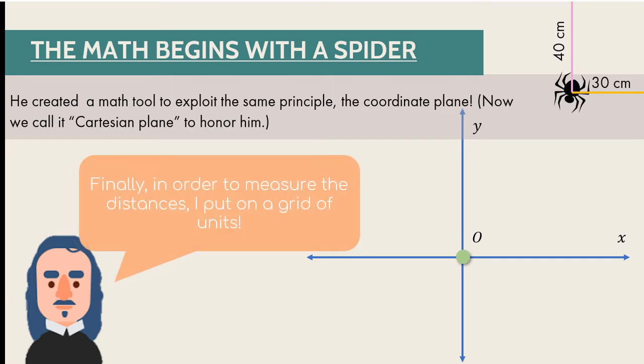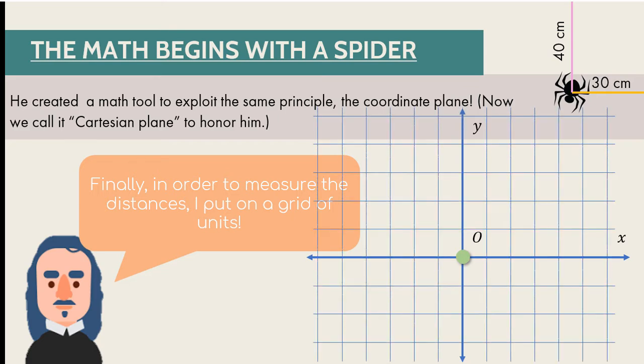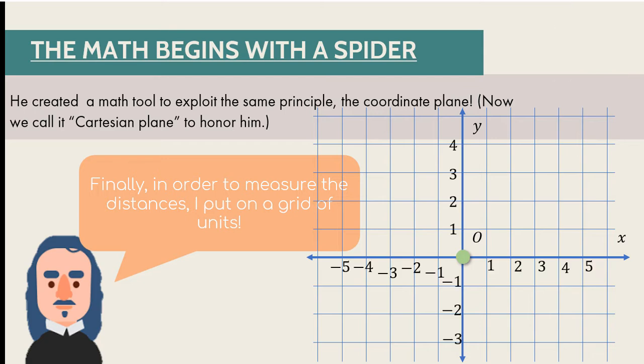And finally, in order to measure the distances, we need something like rulers, right? It will be a grid of units. Here you can see 1, 2, 3, 4, and 1, 2, 3, 4, -1, -2, -3. Actually, they are the two number lines, one horizontal number line and one vertical number line.